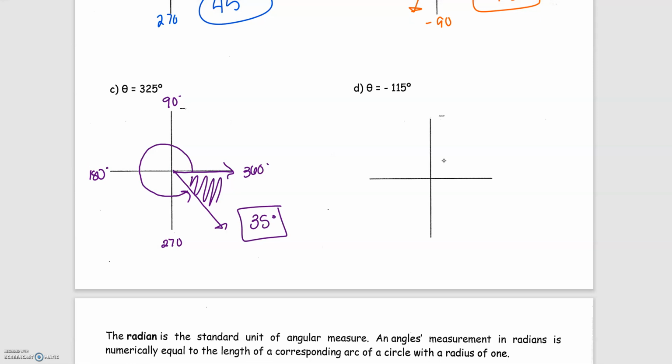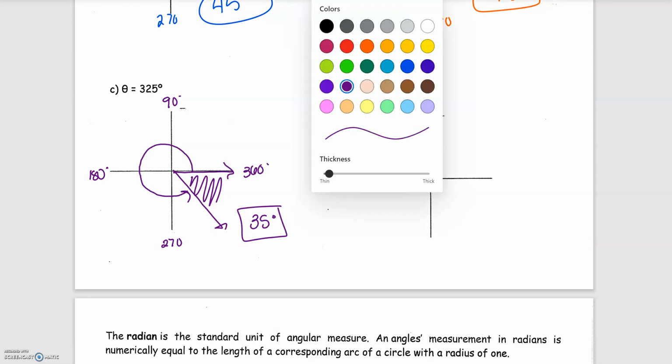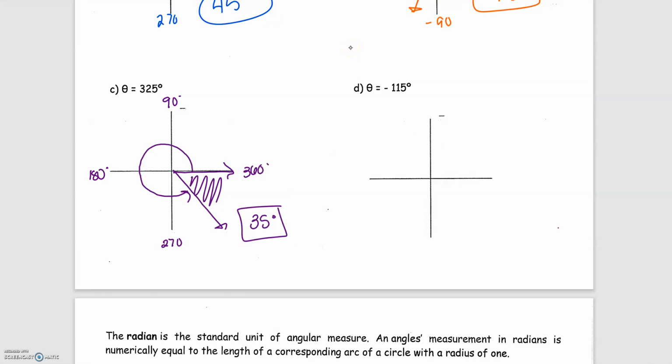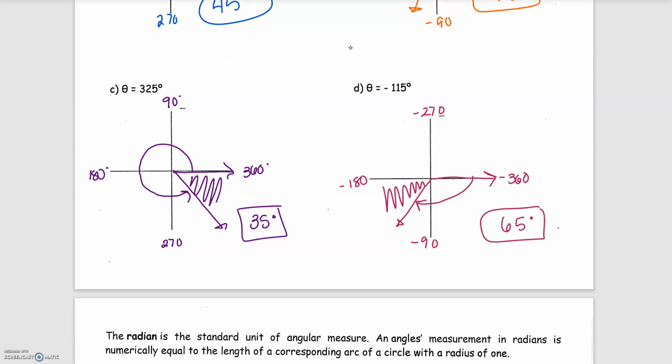That's our reference angle for that. So go ahead and try D. You're going to go clockwise since it's a negative 115, and then figure out how far away from your x-axis. And hopefully you got 65 degrees away from that negative 180.